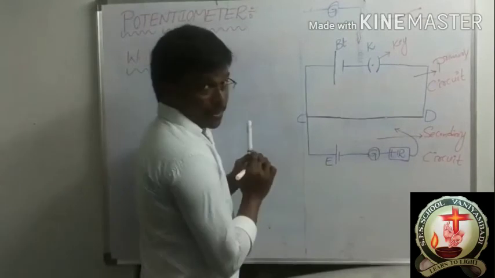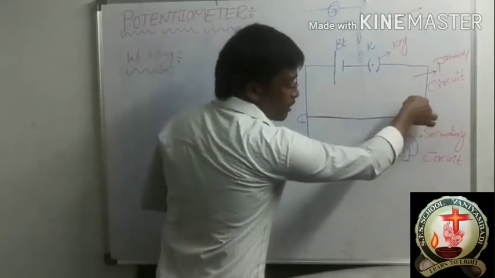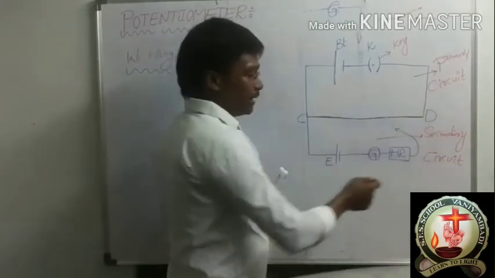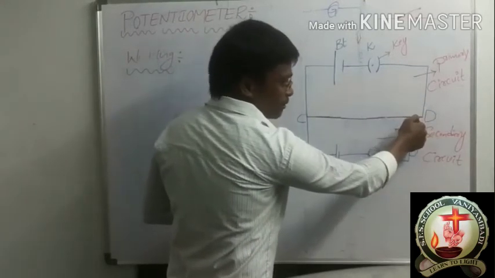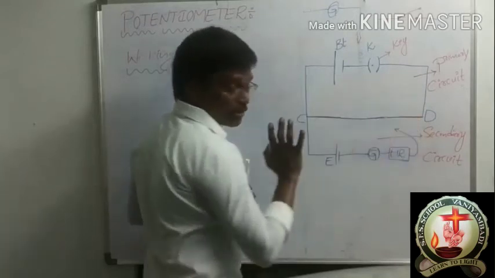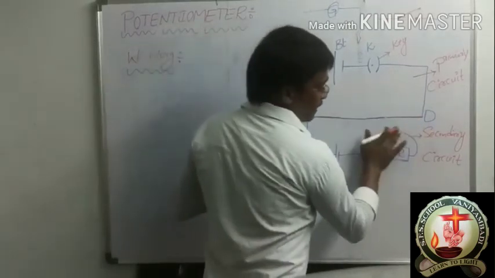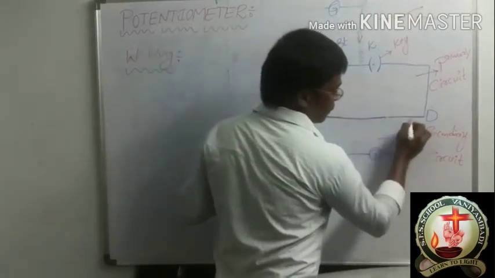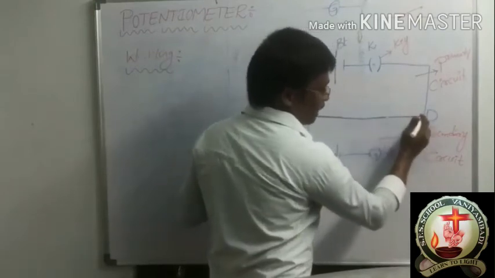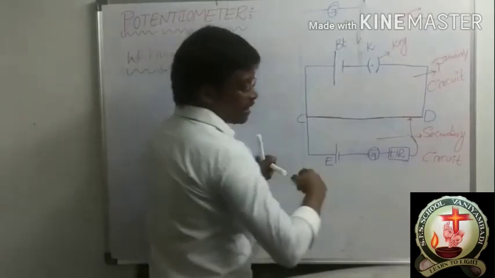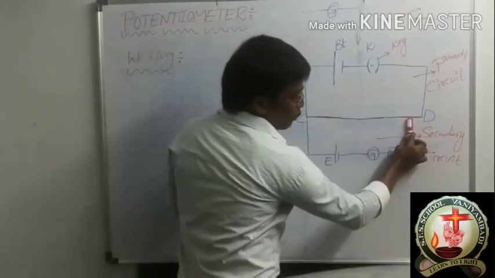I will place this jockey on the potentiometer here. I will touch the potentiometer at this point. So at this point, I will touch it with this jockey. At this particular point, I will touch the potentiometer wire. After touching with this jockey, I will move like this.